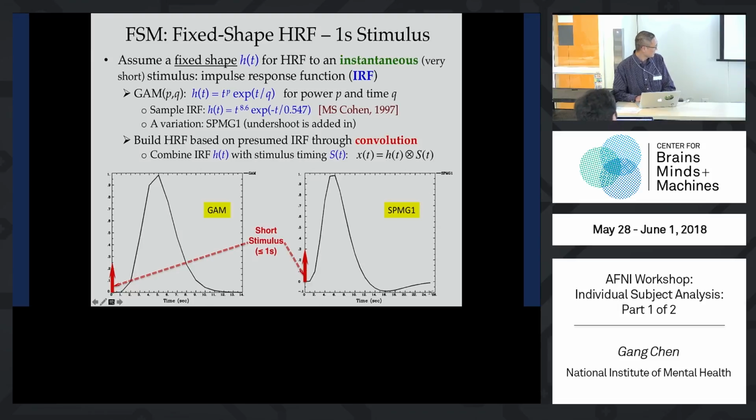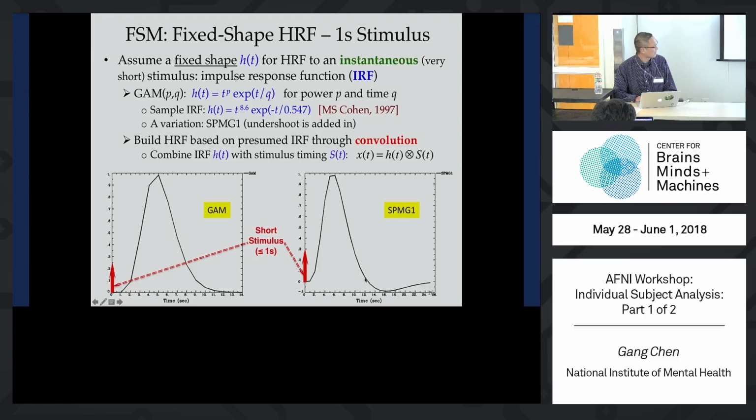In FMRI we have multiple so-called basis functions, to try to characterize the hemodynamic response. One is called the gamma variate. We have also implemented the SPM one, called the canonical curve. The main difference is that there's an undershoot during the recovery part, and the duration lasts much longer because of it.